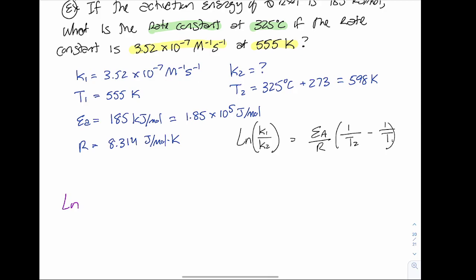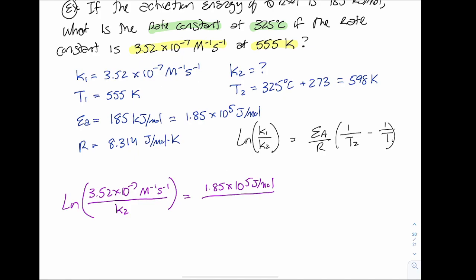The natural log of K1, 3.52 times 10 to the negative 7th over my unknown, equal to 1.85 times 10 to the 5th divided by 8.314 joules per mole Kelvin multiplied by this fraction.